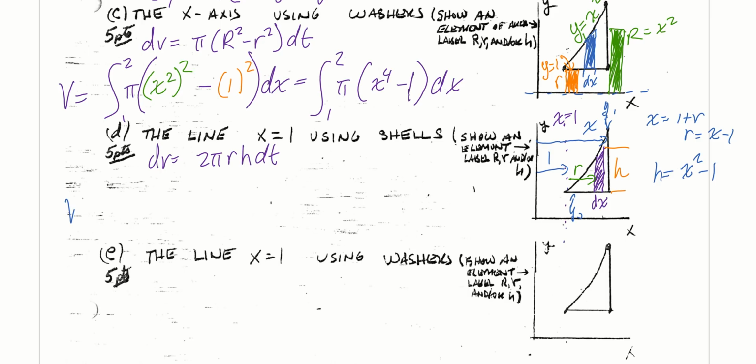So now I can plug all of these in. So we have volume equal to 2 pi r. Remember, r is x minus 1, times height, which is x squared minus 1 dt, which has to be dx. Integrating that, and we know it's going to be from 1 to 2.